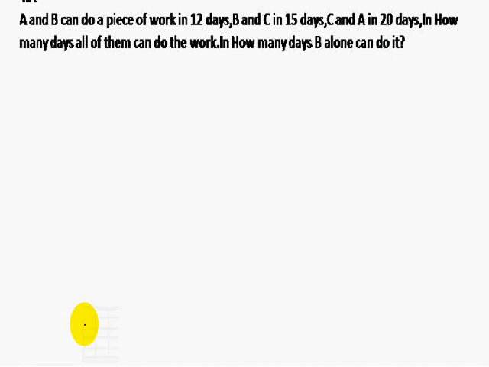Next problem, what it is saying is that A and B can do a piece of work in 12 days, B and C in 15 days, C and A in 20 days. In how many days can all of them do the work? B alone also can do the work.